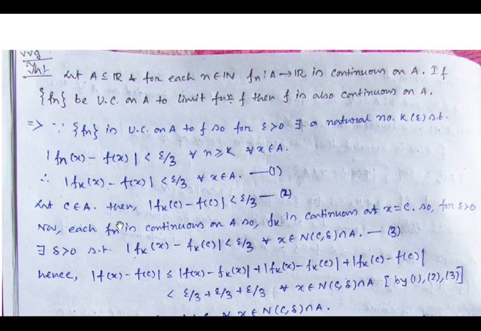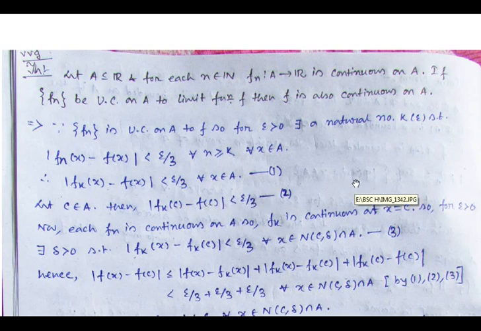So if each and every f_n is continuous on A, then f_k is also continuous at x equal to c, which belongs to A. Now, in inequality 1 we have stated that this inequality holds for each and every x belongs to A. So if you put any specific element c from A into this inequality, it will again be satisfied. So mod of f_k(c) minus f(c) will be less than epsilon by 3 again.